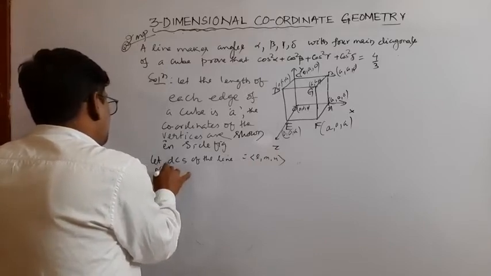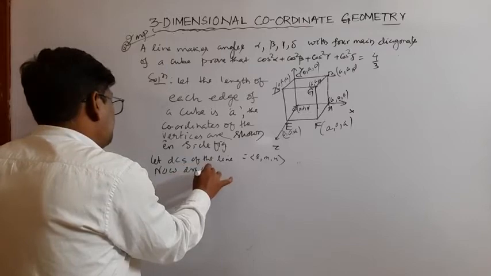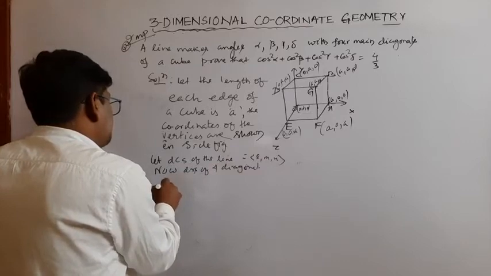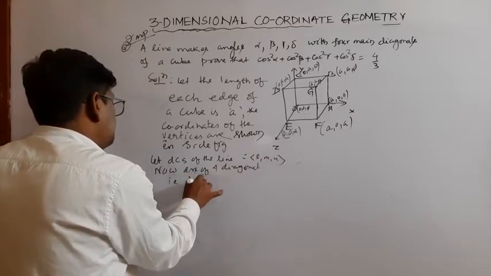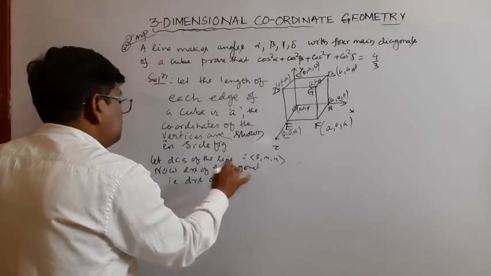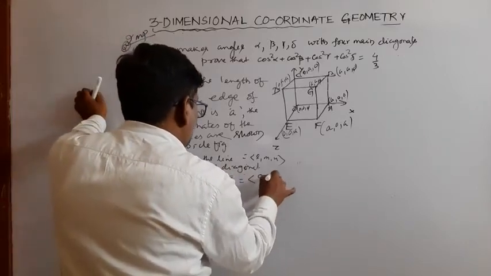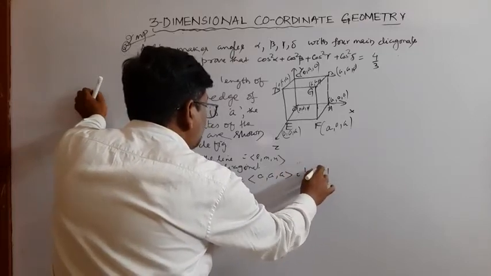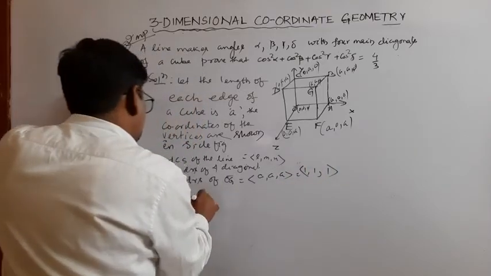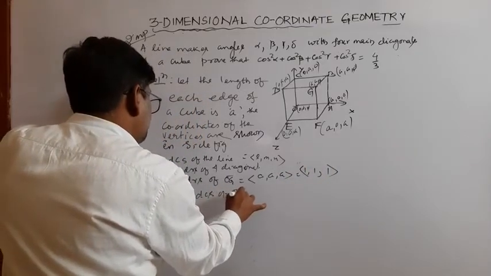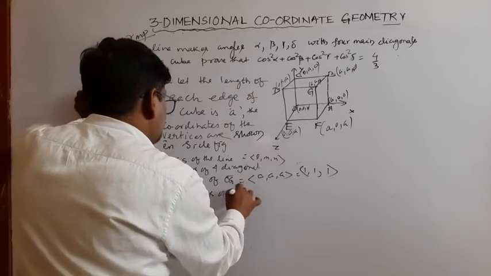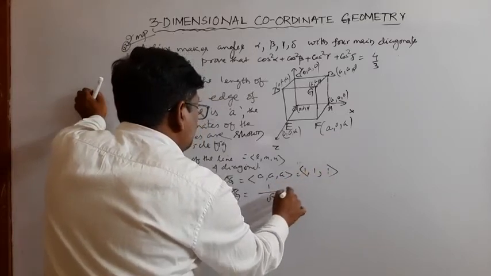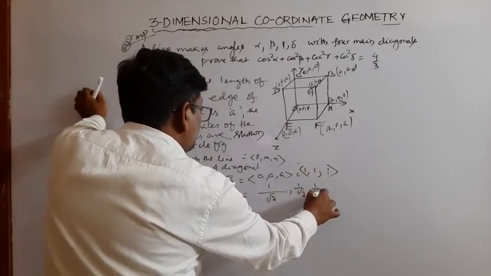The DRs of the four diagonals: the DRs of OG are A, A, A, that is 1, 1, 1. So the DCs of OG are 1 by root over 1 plus 1 plus 1, that is 1 by root 3, 1 by root 3, 1 by root 3.